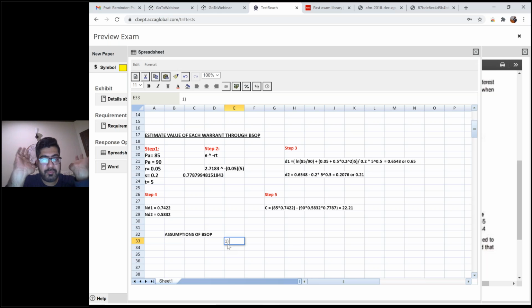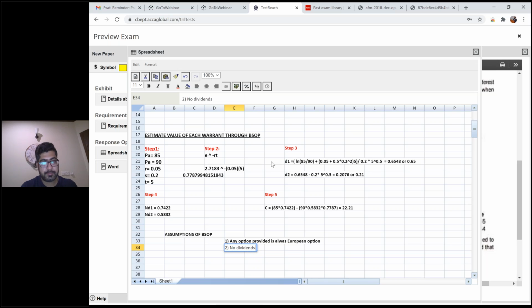The first assumption of the BSOP model is that any option provided is always a European option. You are assuming that whatever option is provided to you is always a European option, because BSOP doesn't consider American style options. Okay, first assumption.